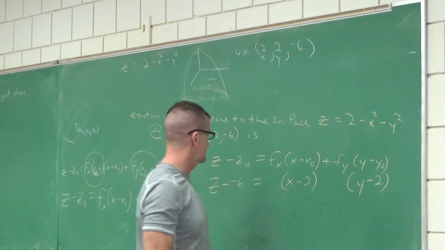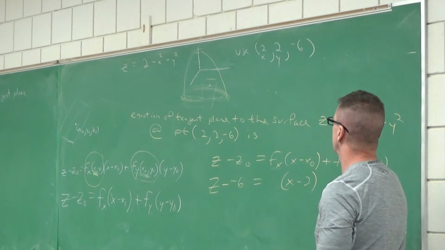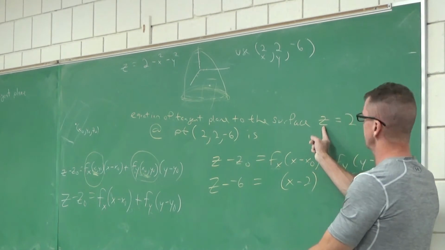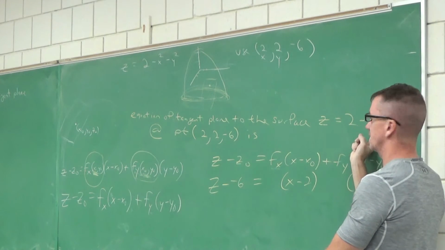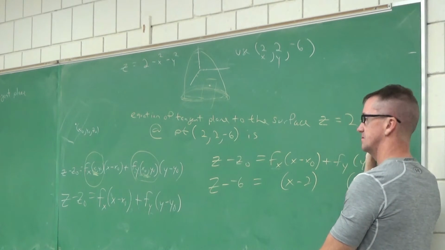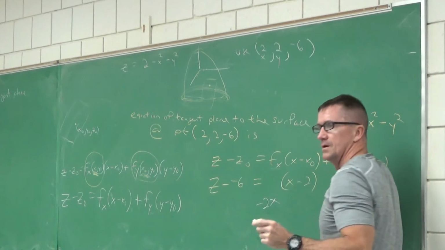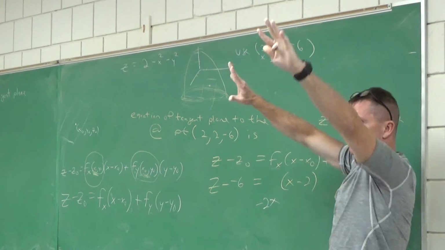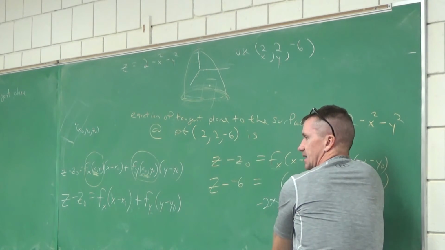All right, what's fx? There's f, the function of x and y right there. What's the derivative of this with respect to x? 0 minus 2x minus 0, so negative 2x. This is huge: do not leave the answer like that with a negative 2x.